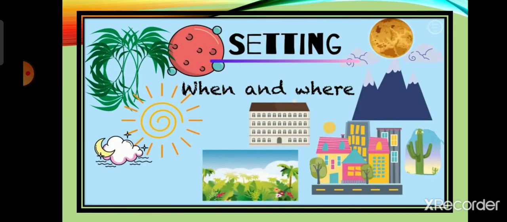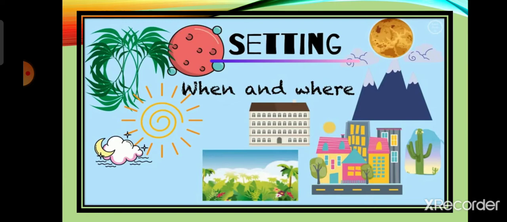The second element is setting. Setting is where the story takes place. So it's when and where. When and where the story takes place. It means time and place. The time of the story would be during the day, or at night, or a windy day.